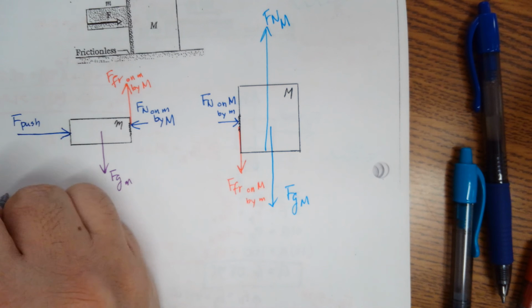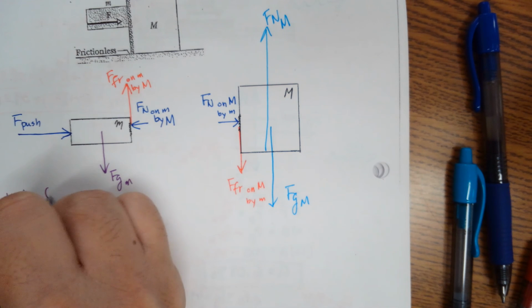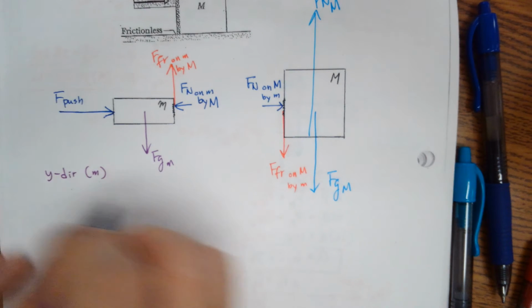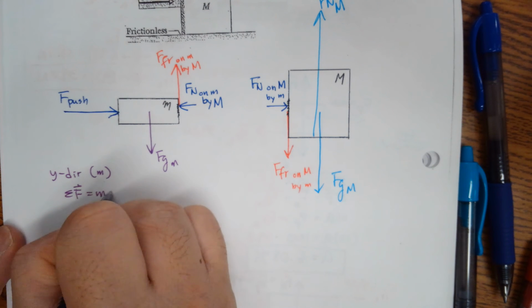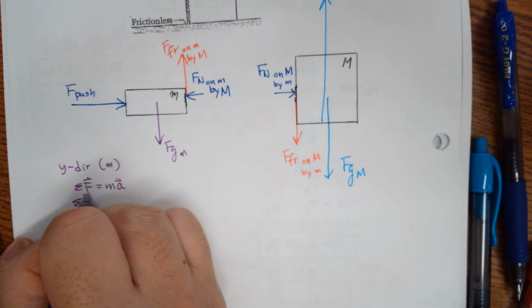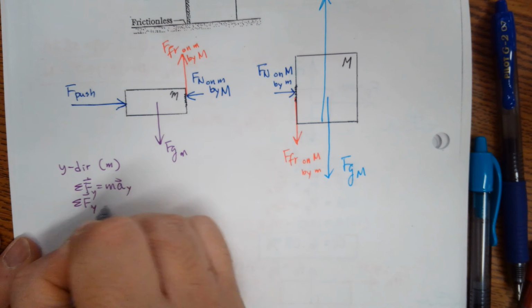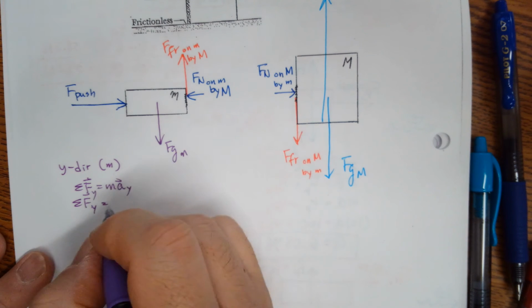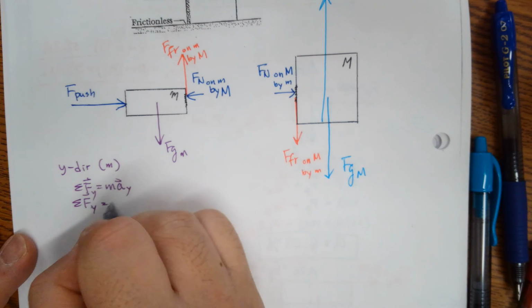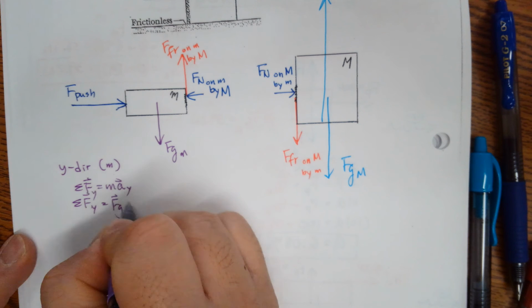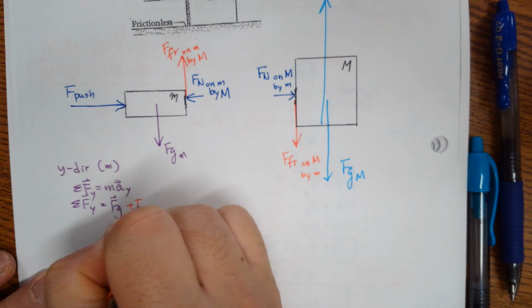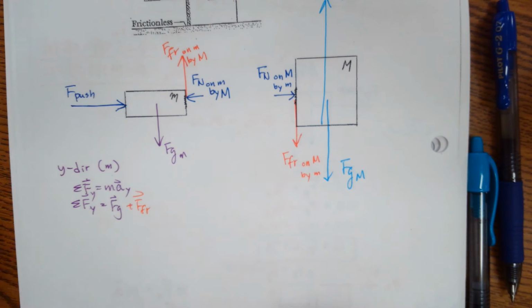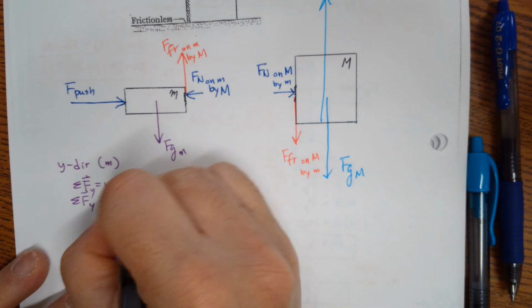So the sum of all forces is equal to ma, and the sum of all forces in y is equal to, well, it looks like I have Fg plus friction, but Ay is 0, obviously, right?